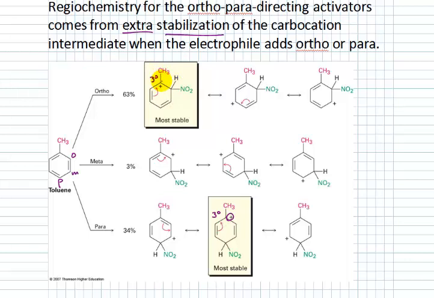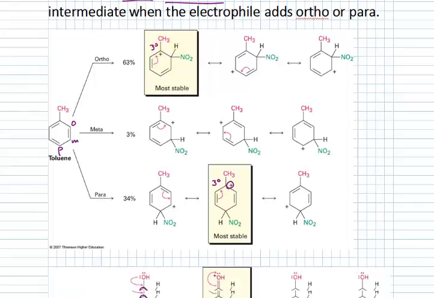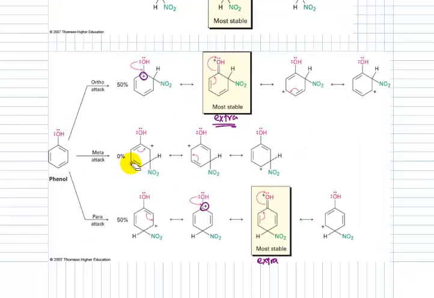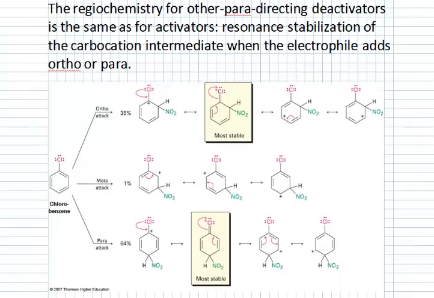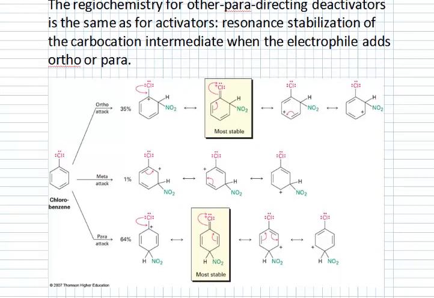So know those ortho-para directors will stabilize the ortho and para intermediates. Meta has no extra stabilization. There's nothing particularly wrong with it, but it's not nearly as stable as the intermediates we got from ortho or para attack.